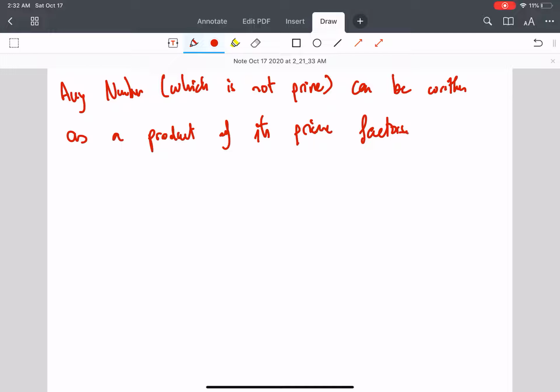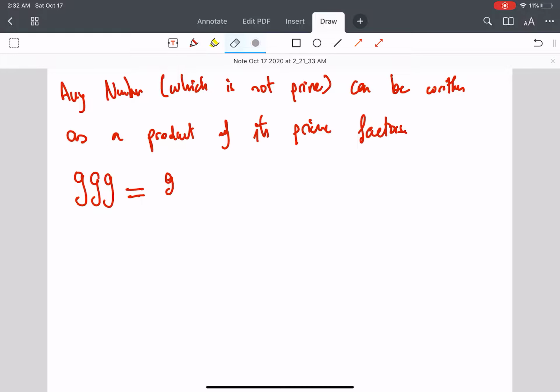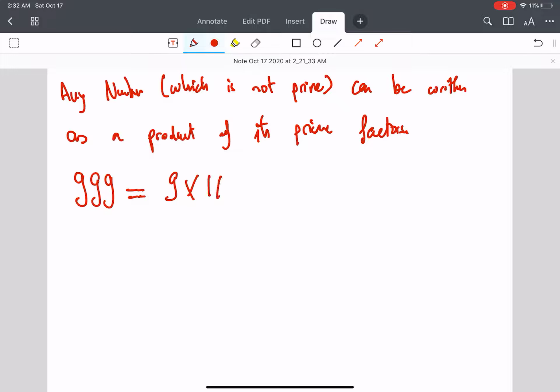Think of a very big number, for example 999. If we divide it by 9, it will be 9 times 111. And 9 can be written as 3 times 3.